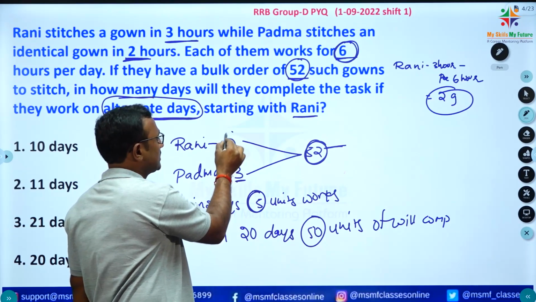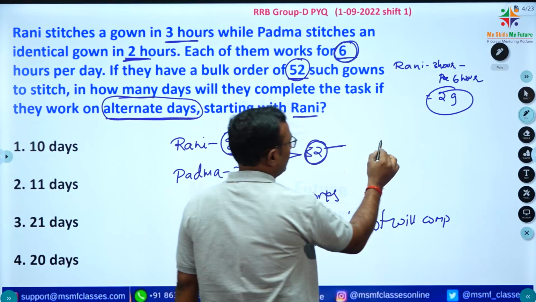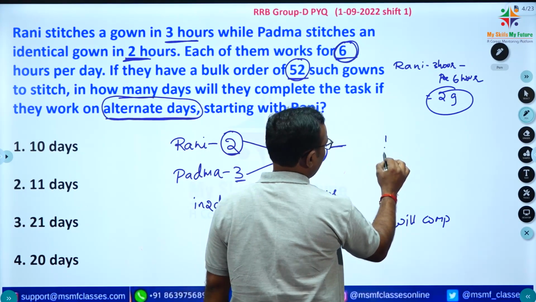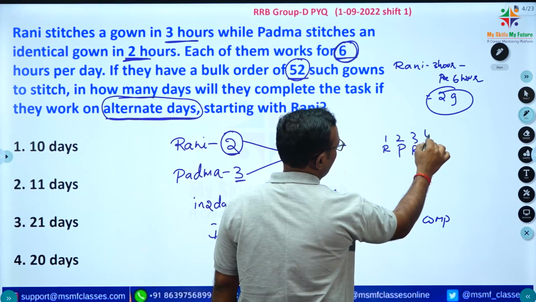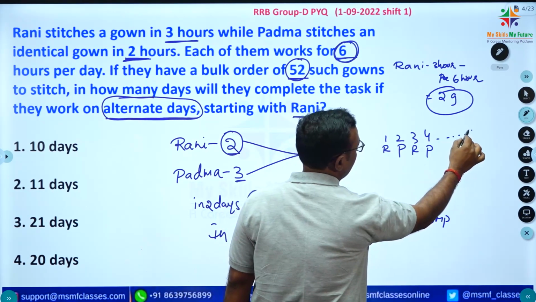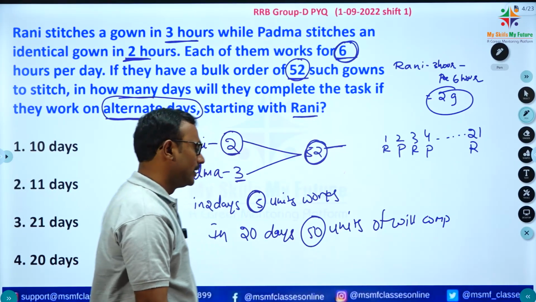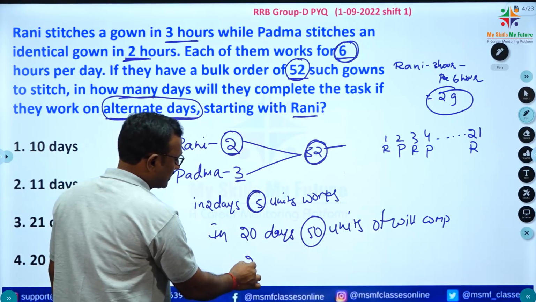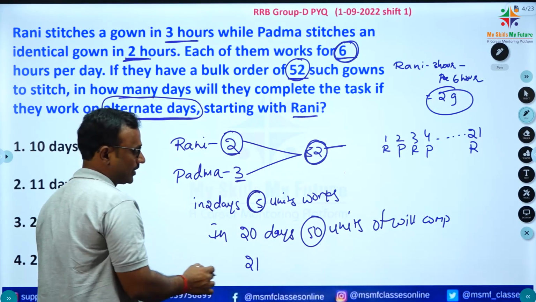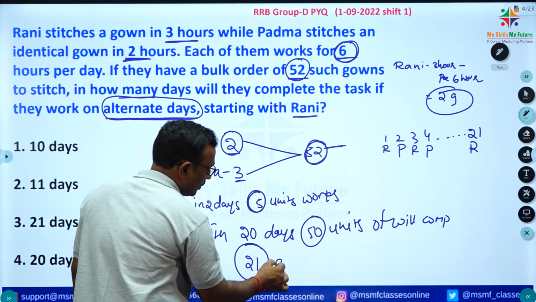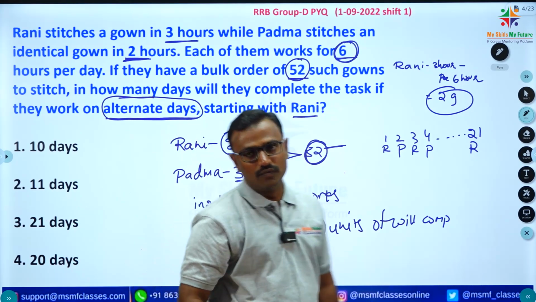In the first day, Rani; in the second day, Padma; third day, Rani; fourth day, Padma. Similarly, on the 21st day, Rani will work. Rani will complete these 2 units of work. So 21 days will be taken to complete the work.